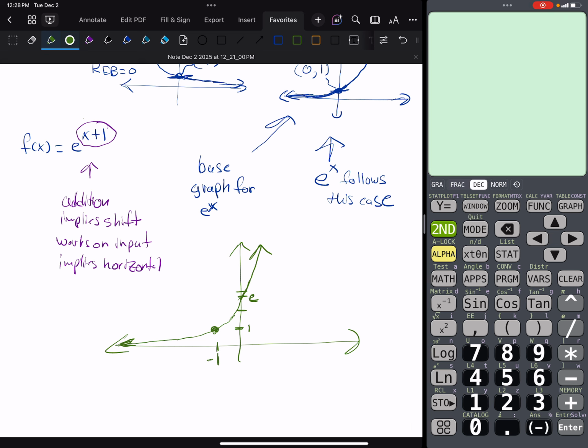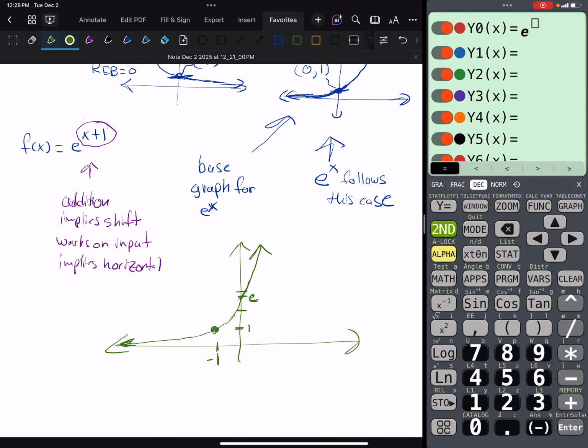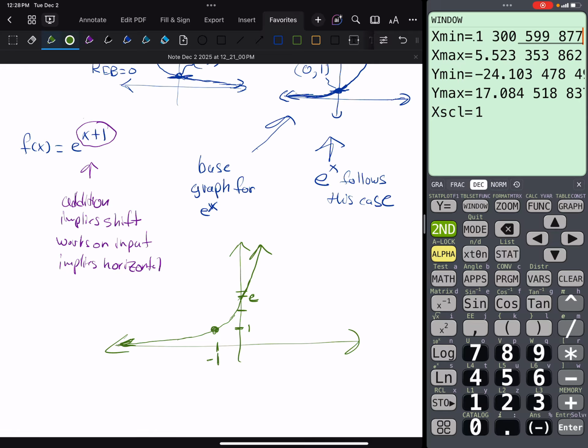If I want to verify that, I can go to my calculator, because remember I am letting you use a calculator on this final. I can type in second and hit natural log to get e to the x, and then put in x plus 1. I'm going to go to my window, and I'm going to go -10 to 10 on my x, but this time a little prior knowledge, or a priori knowledge, lets me say, hey, wait a minute, I really don't care about negative y values.